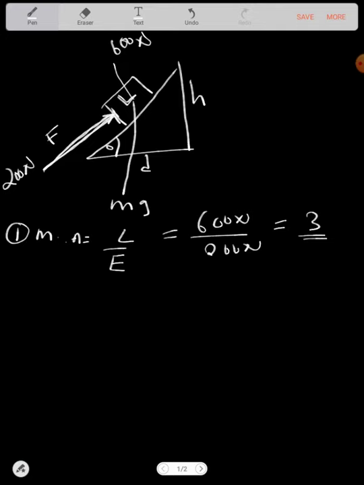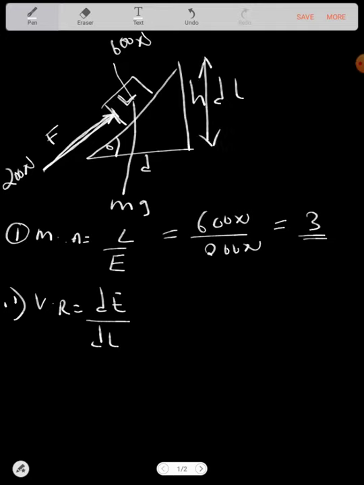Now the velocity ratio is equal to distance moved by the effort divided by distance moved by the load. Which one is distance moved by effort and which is distance moved by the load? The distance moved by the load is this, while the distance moved by the effort is this.